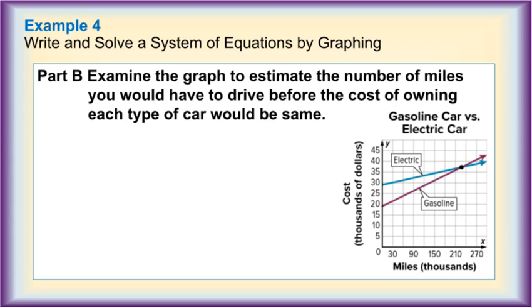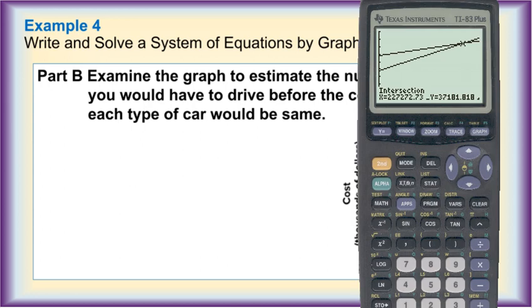Now here you can see the same graph, very similar. You can see the standards, they just put in parentheses that they're counted by thousands in here. So the number of miles you have to drive before the cost of owning each type would be the same. So if I grab my calculator again, X would be our miles.